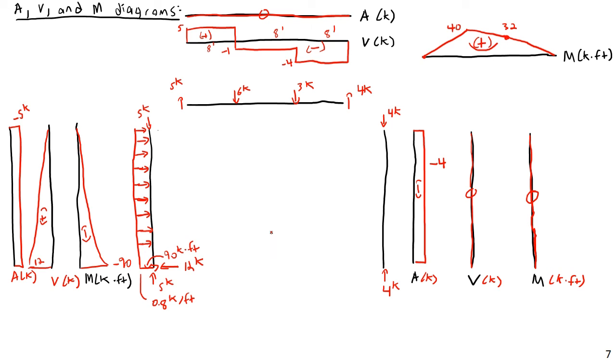Now, I would like to give a note on sign convention. For beams, it's very easy to see what is positive moment, positive shear, that sort of thing. For horizontal beams, you just orient it such that a positive bending makes it bend like this. The question is, how do you do that for columns?